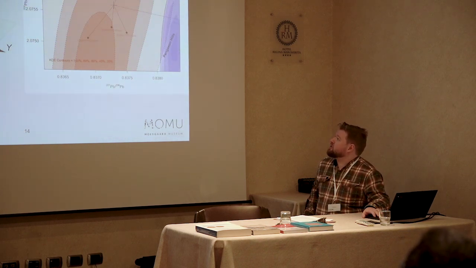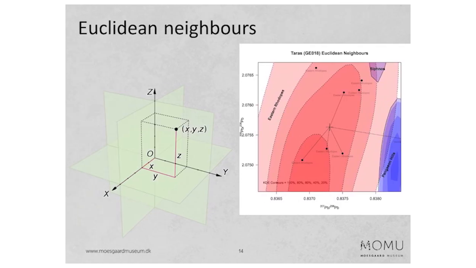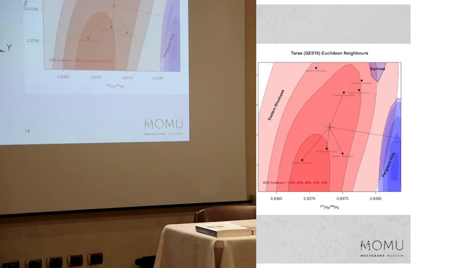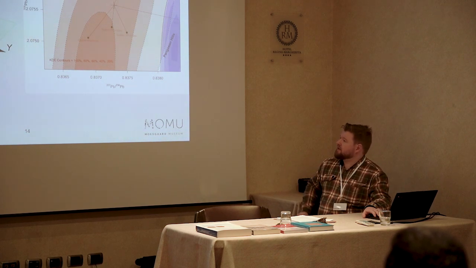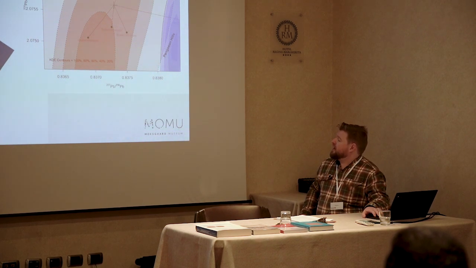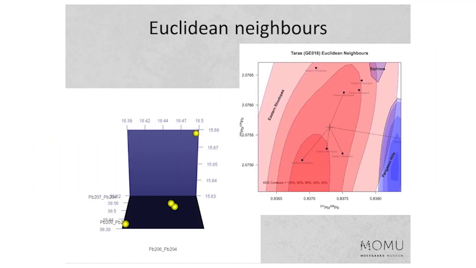And what we essentially do is we'll take our result from a coin or an artifact, here represented right in the middle of this plot, and then essentially see which are the closest points to it, or the closest Euclidean neighbours. Now this gets complicated if you put all the data on at once.